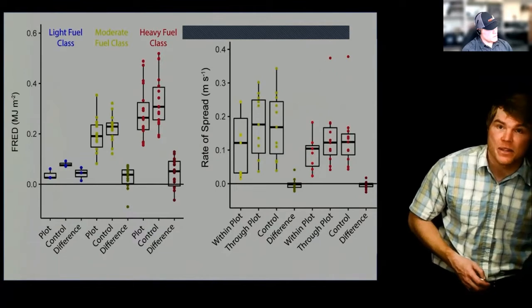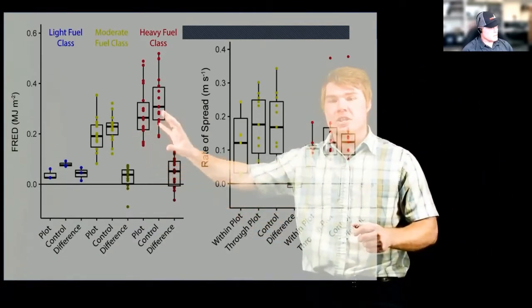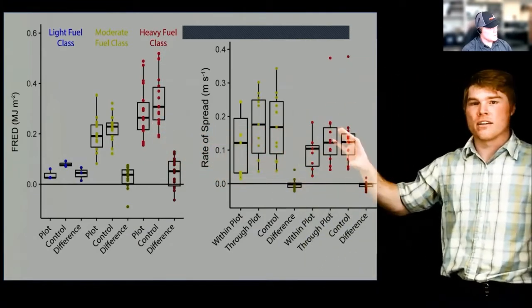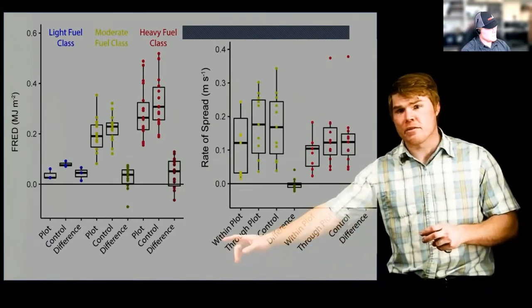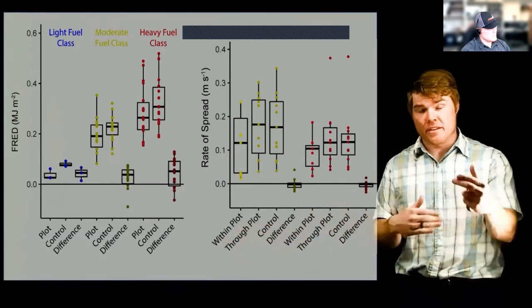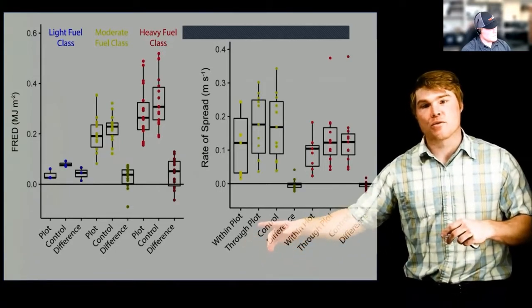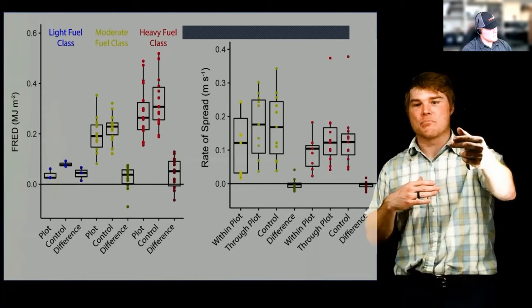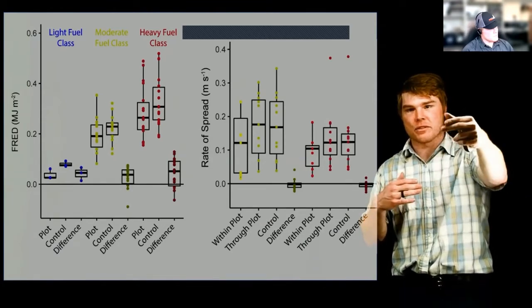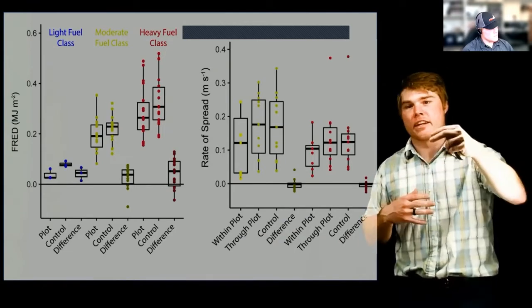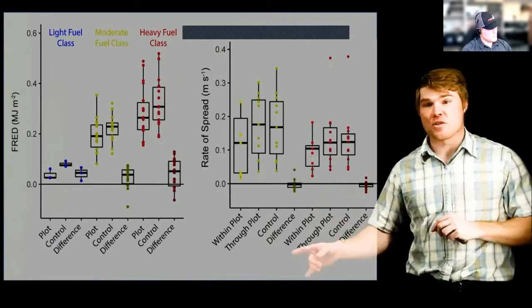Once you synthesize all that data, we're looking at radiative energy on the left here, and then rate of spread. I'll talk about rate of spread first. We quantified rate of spread within the exact extent of the plot, and then also through the plot over a longer time period, in most cases about 15 seconds. So we looked at the average rate of spread as it moved through the plots and then the next 15 seconds, and that's where this design of plot and control is really nice.